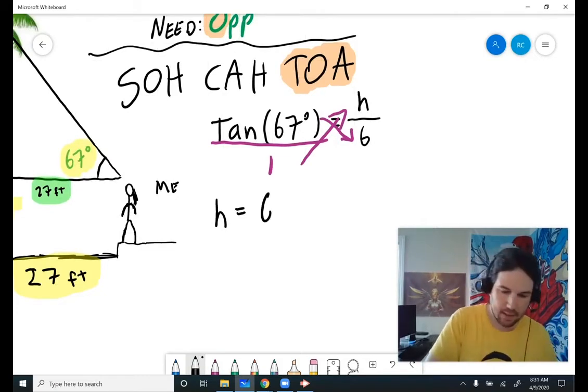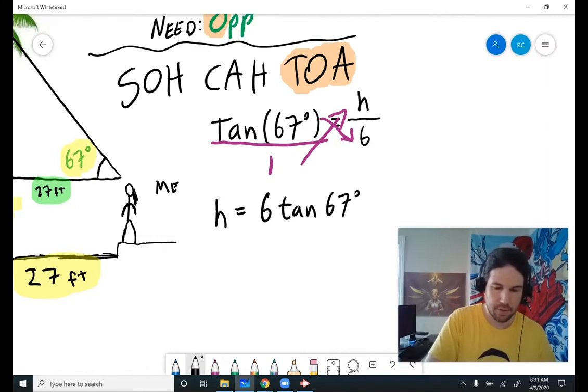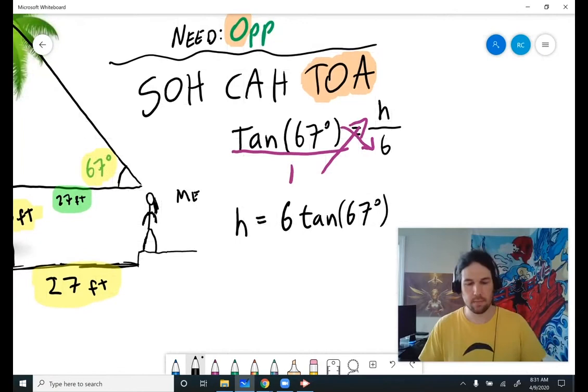And I get 6 times the tangent of 67 degrees. Which makes sense, again, because tangent of 67 degrees is the multiplier to get from the small leg to the large leg, from the adjacent leg to the opposite leg. Okay, and now this is calculator play.